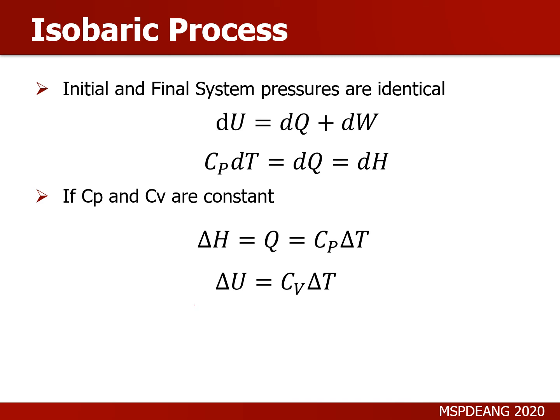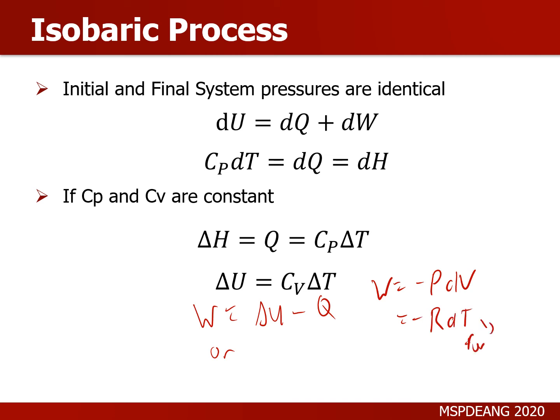So to get work, this is just equal to delta U minus Q, or since W is equal to negative P dV, which is also equal to negative R dT for isobaric processes. So you can also use W is equal to negative R dT. Okay? But sometimes it's mas maganda gamitin mo na lang muna to delta H and delta U, tapos pwede rin subtract na lang din.